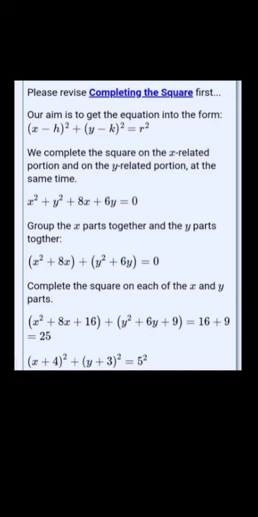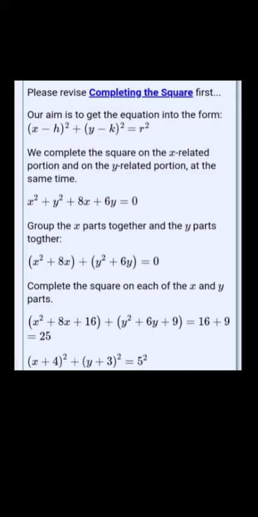So using the completing the square method, because our aim here is to get the equation into the form x minus h squared plus y minus k squared is equal to r squared. And in completing the square, we have the following steps. The first one, we should group the x parts together and the y parts together.